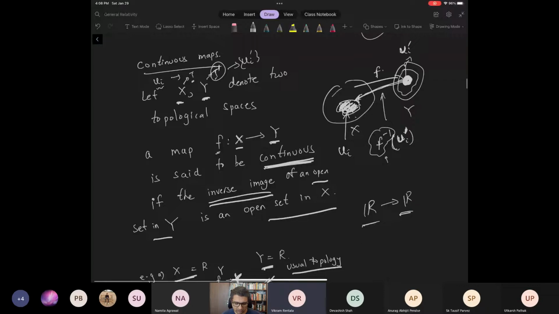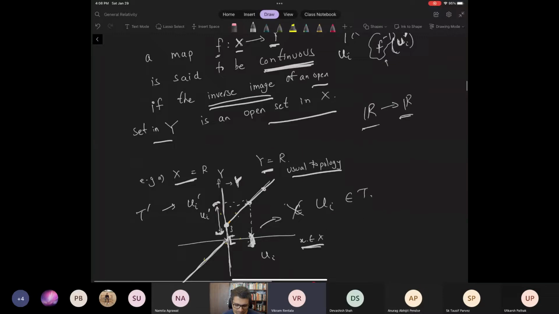For example, if we take the real line with the usual topology, we saw that the topological notion of continuity is similar to the notion of continuous functions. So continuous maps are really just continuous functions between real numbers, in the usual sense of continuity that you learn in calculus using epsilons and deltas.